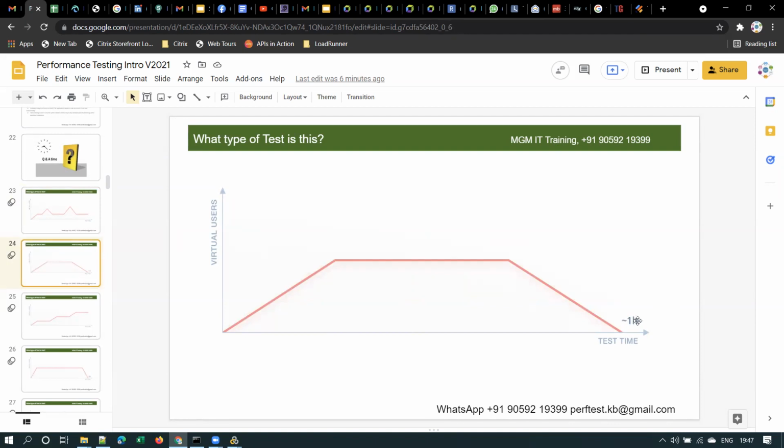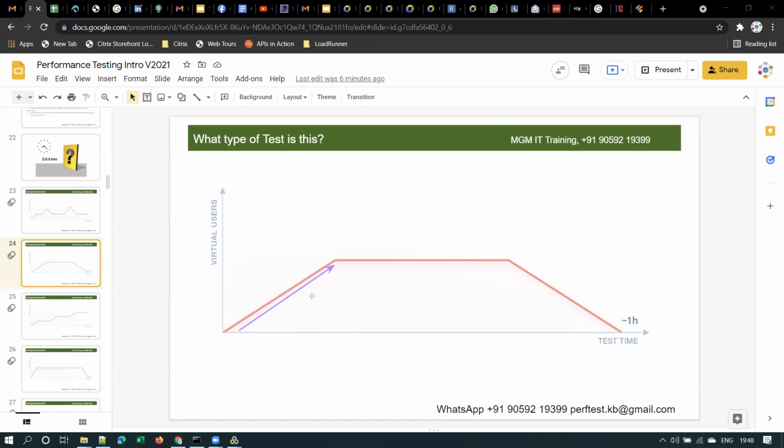Observe here. This is a load test, because you can clearly observe that the duration is mentioned as 1 hour. Let me explain this graph. This part of the graph is called ramp up, meaning we gradually increase the user load.